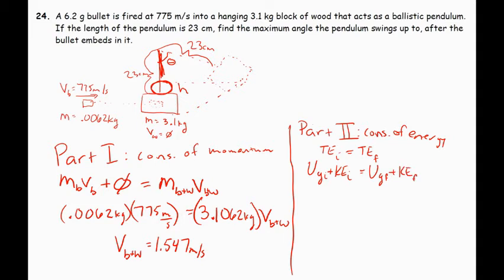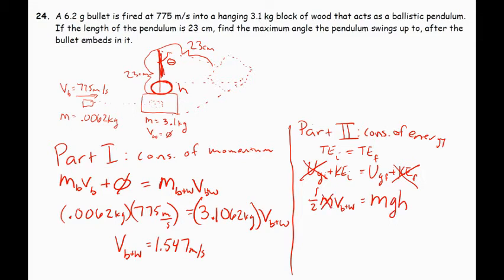But what I know is at the bottom, we don't have potential energy. And at the top, all of our kinetic energy has turned into gravitational potential energy. So we end up having 1/2 m v of the bullet plus wood is equal to m g h of the bullet plus the wood.